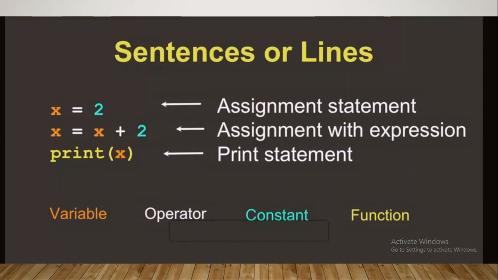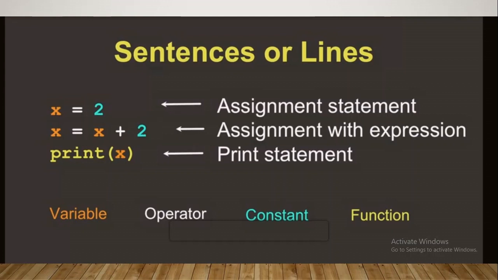Then print, as we already discussed in the previous couple of videos. You can say x is equal to 2, and then x is equal to x plus 2. Substitute x by 2, x is equal to 2 plus 2, that is 4. Print x, and you get the answer 4.